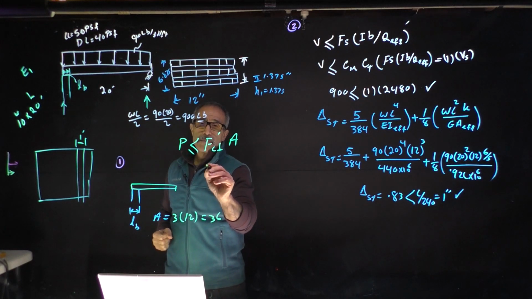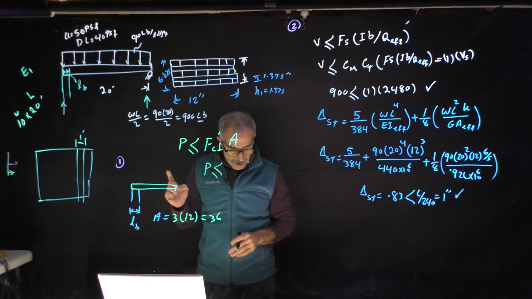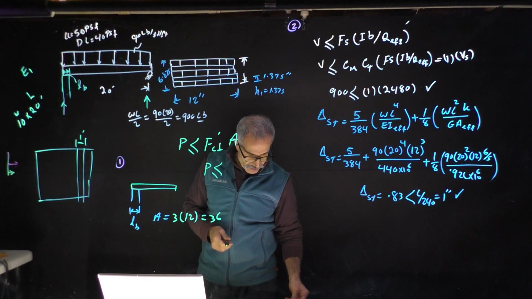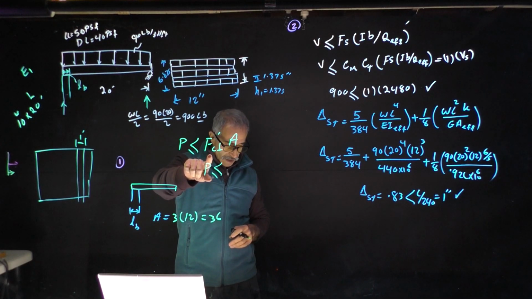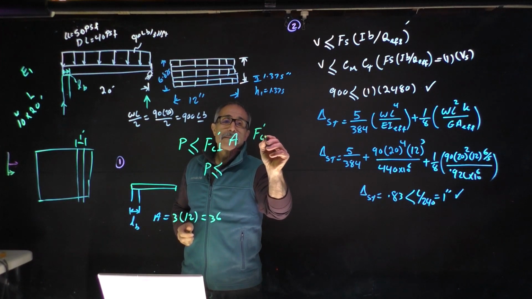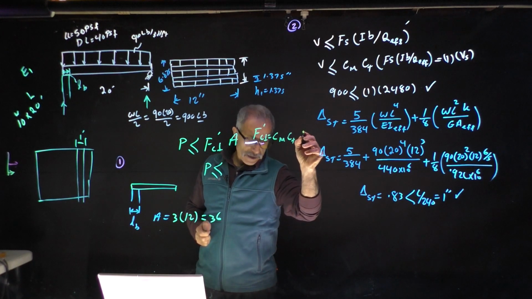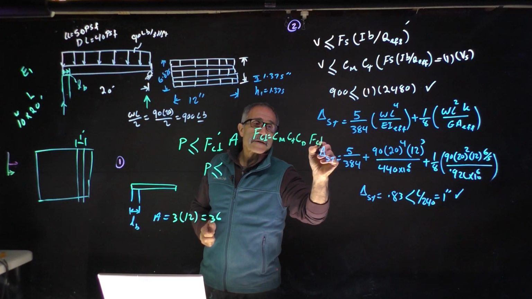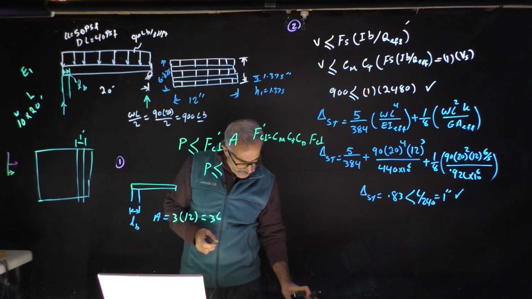And then I have P should be less than or equal to my compression from table A1 of the PRG 320. This F prime c, the compression factor, is equal to all the factors, which come out to 1, CM, CT, CD, times the compression stress itself, and from the table that came out to 650, I believe.